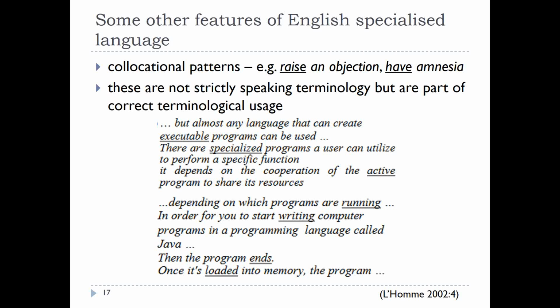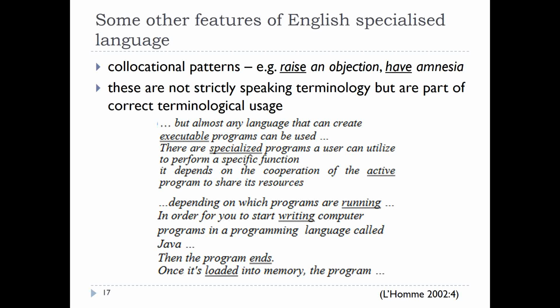Similarly, there are plenty of items in a technical text which one would not generally wish to categorize as terminology, but they are needed in order perhaps to support terminological items, or just because they are the words which are generally used in a particular context.